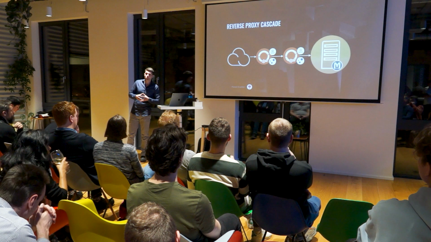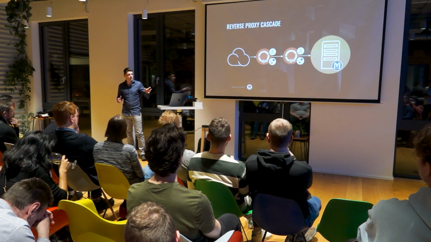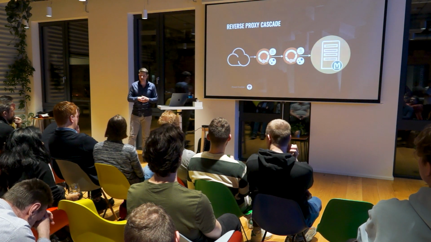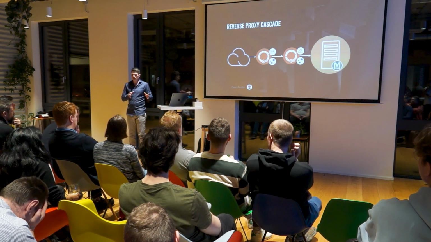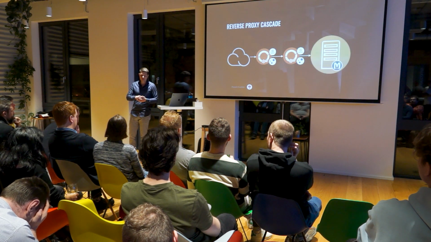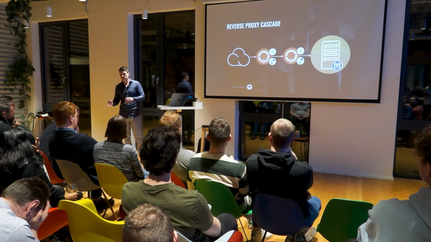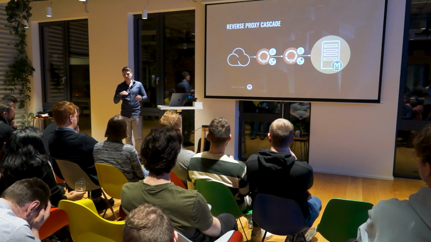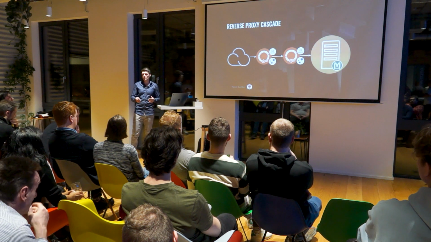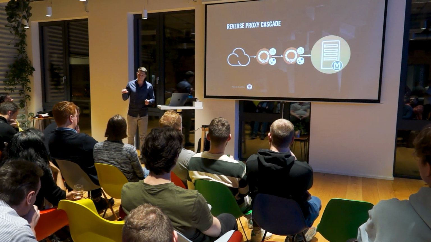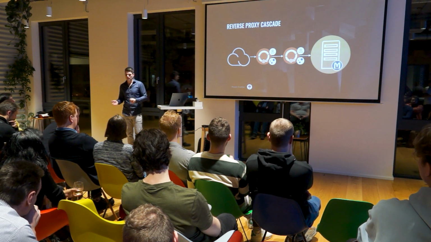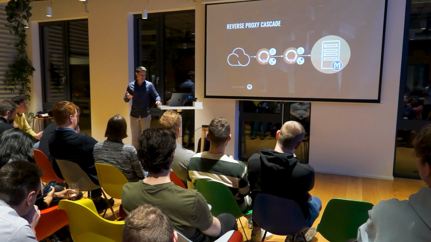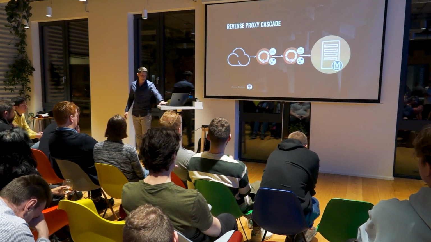Because what you can do is to cache the static data on the front part of the cascade, and then let the front side load balance all of your requests and cluster them to all of your back part reverse proxy servers, and then you will achieve again only one place where the cache is stored, and that means that you will not experience as many hits as you would without that.